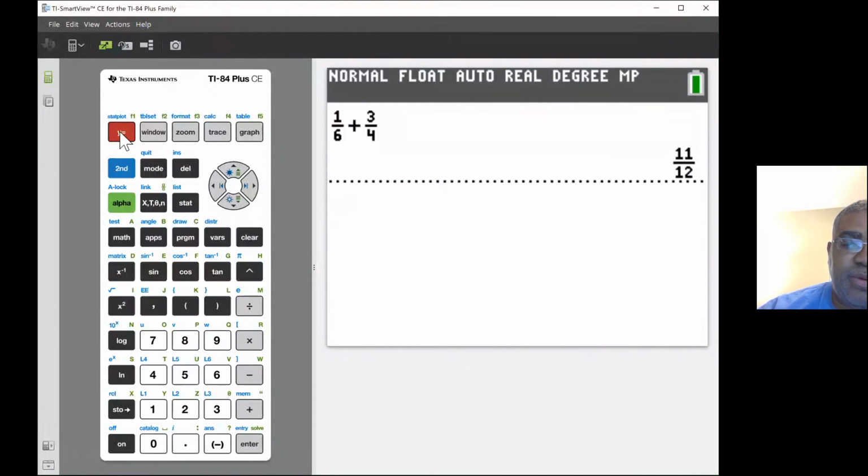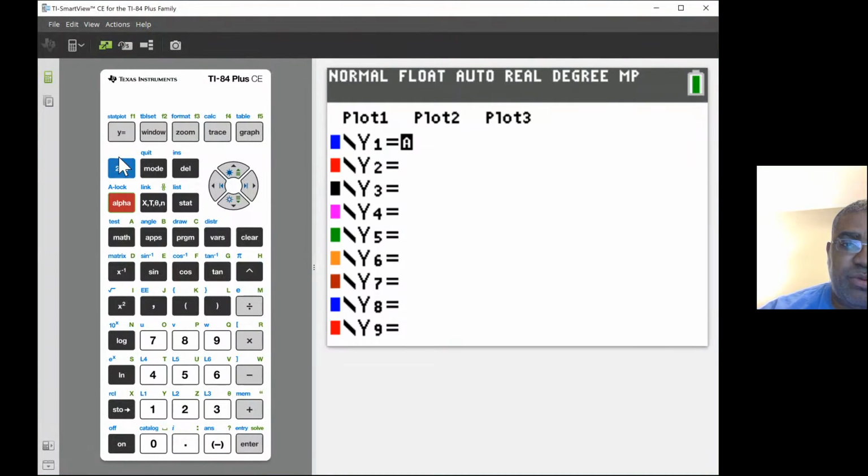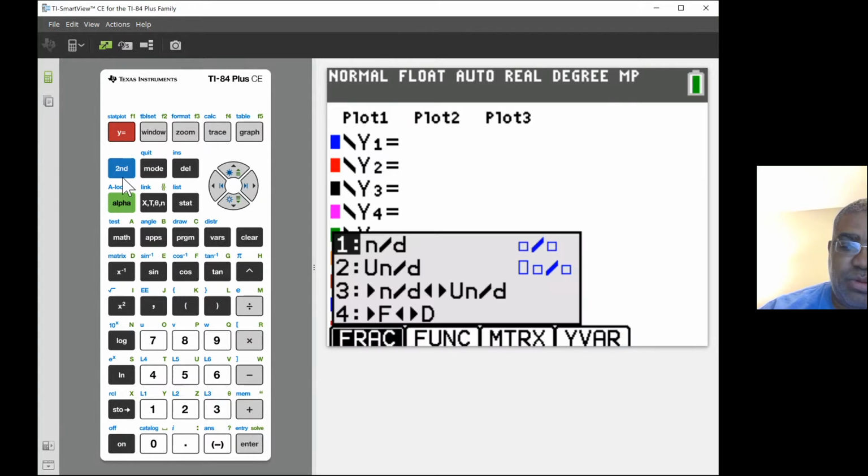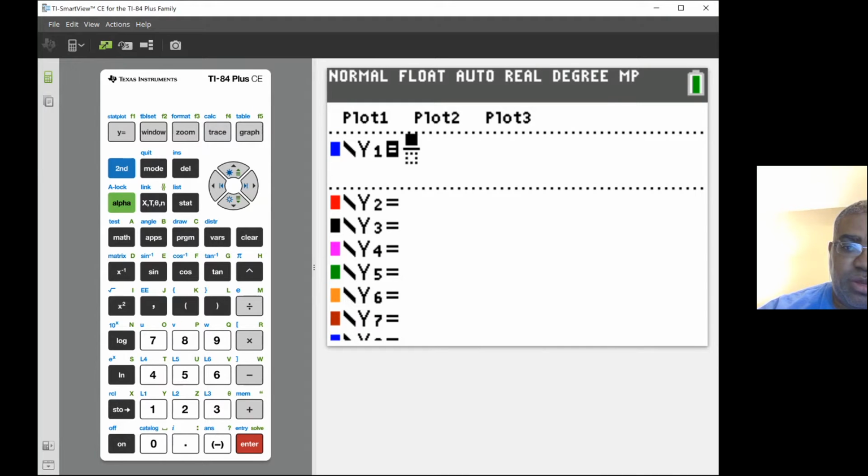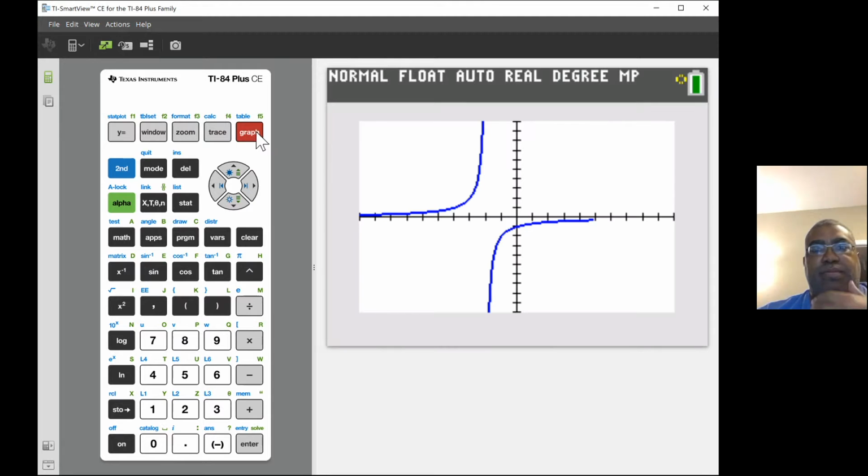Okay. Y is equal to negative 2 over x plus 2. We graph it. Boom. This is roughly what our graph looks like.